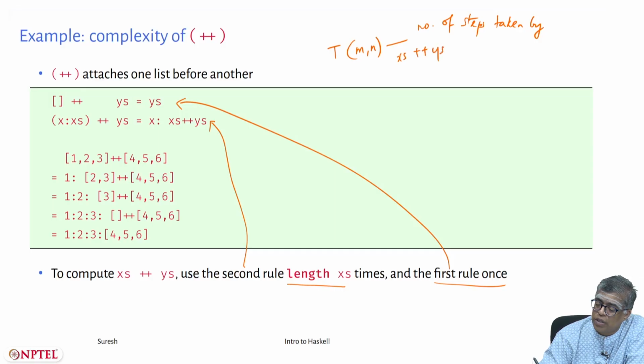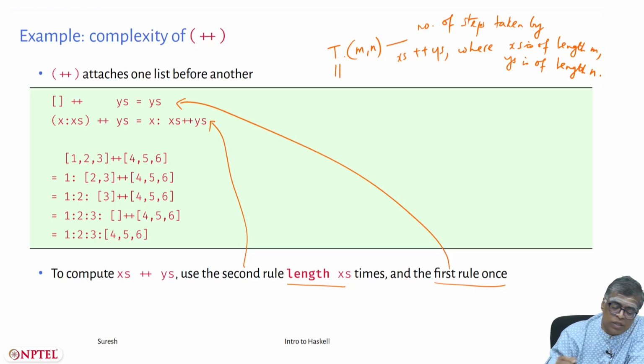x's plus plus y's, where x's is of length m and y's is of length n. If we denote it by that, then Tmn is equal to m plus 1.